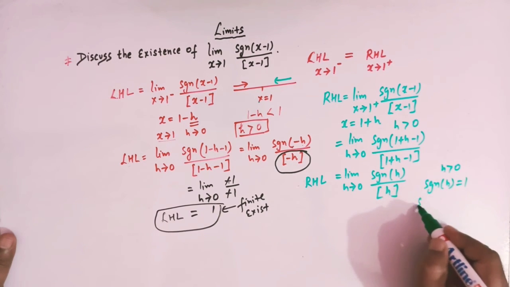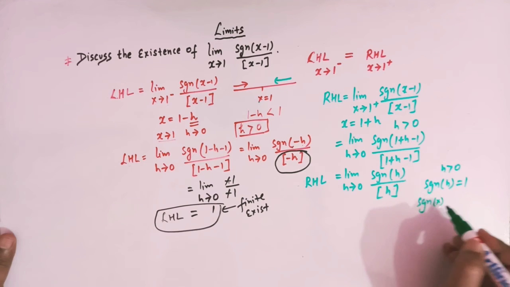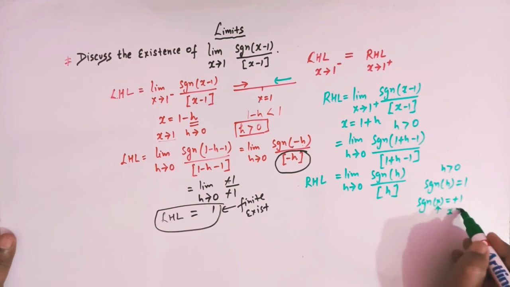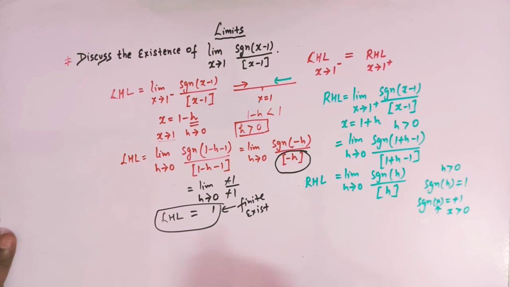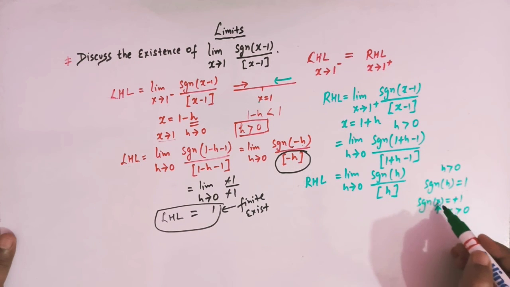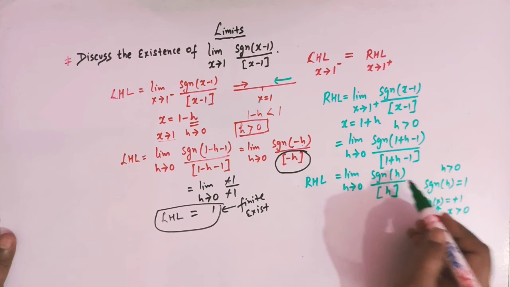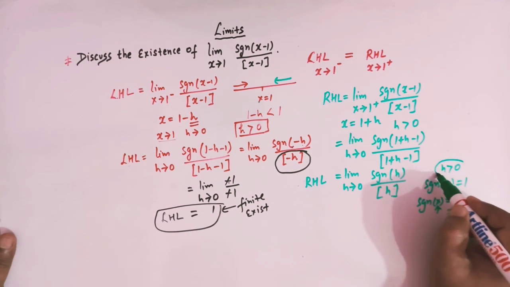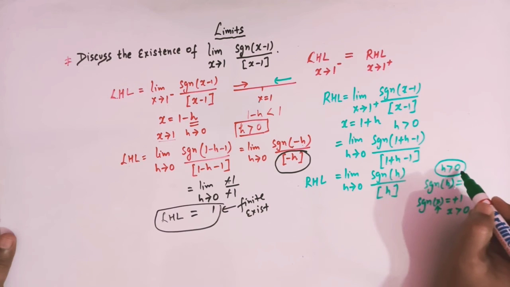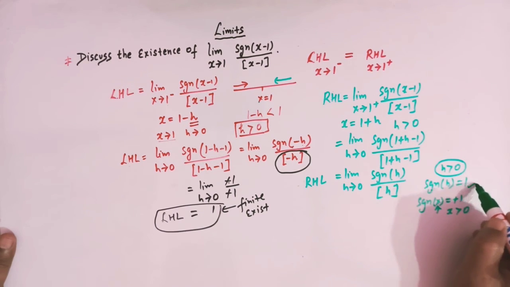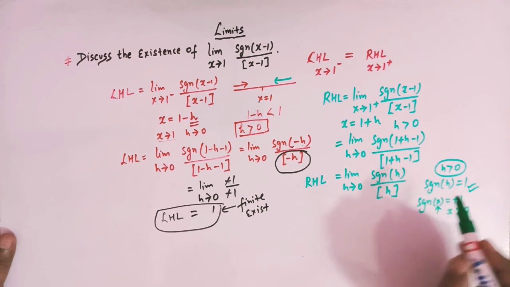Because we know that signum of x takes the value plus 1 whenever x is greater than 0. So for all x which are positive or greater than 0, signum of x takes the value plus 1. So here we have signum of h, and we already know that h is greater than 0, so signum of h should be equal to 1.